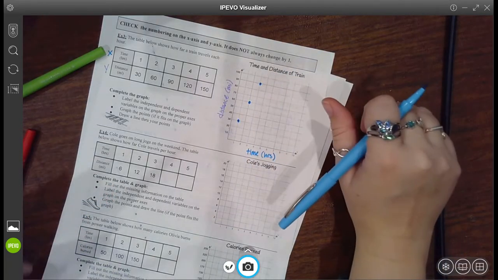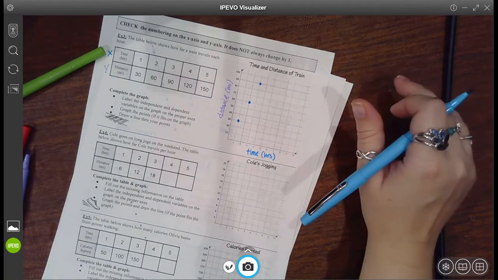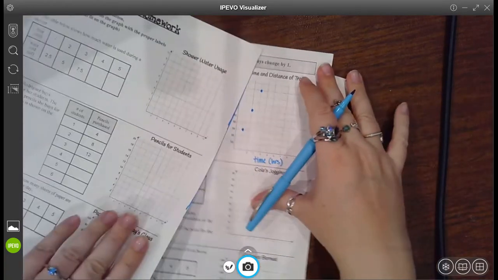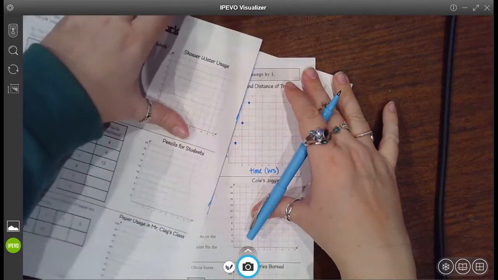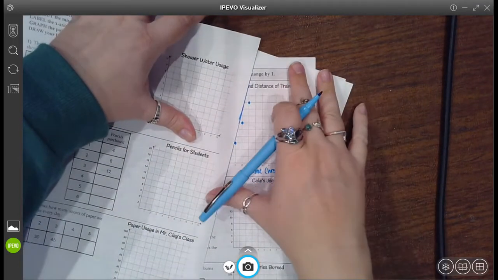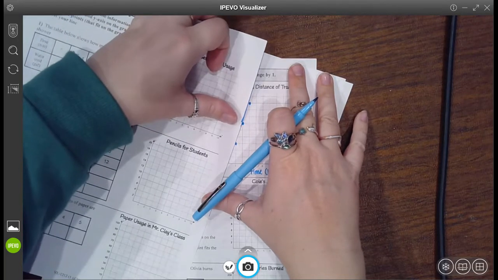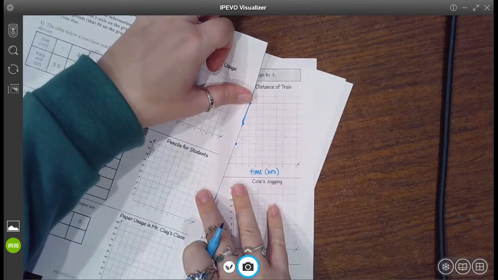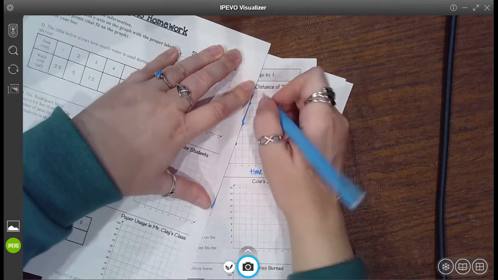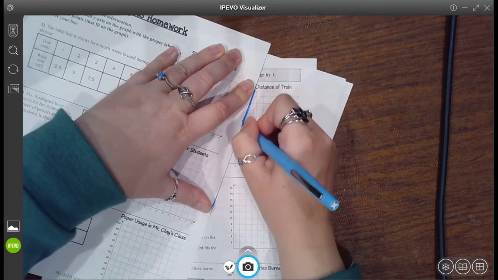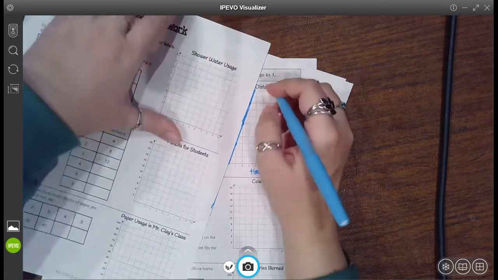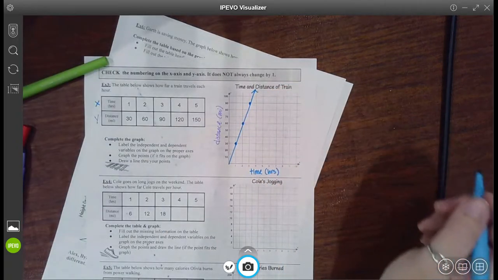Just plot as many points as you can that are on the graph and then extend your line and we'll get the point. Okay. So I'm going to go ahead and connect these points using either a ruler or a piece of paper so that I can make my line nice and straight. And there you go.